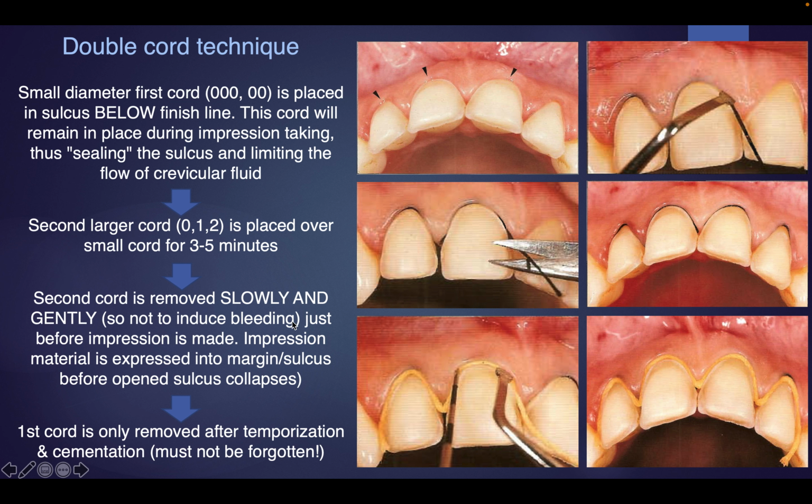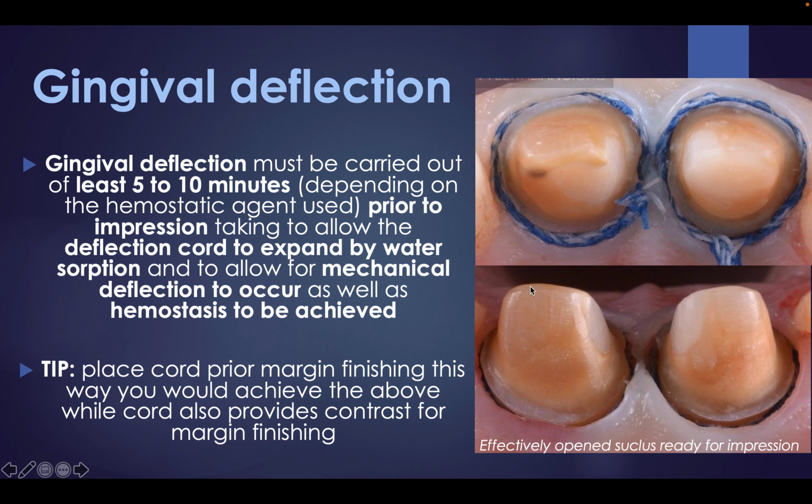So you do not pull it fast and remove some of the epithelial tissue and induce bleeding. You need to be very gentle. Then you need to assess: there is no bleeding, is the sulcus open, and then you leave the first cord in and you immediately start your impression making. And then once your impression is done, you can remove the black or first cord.